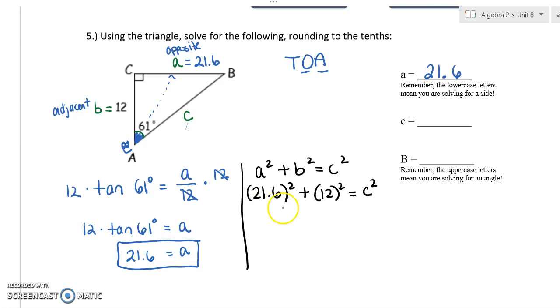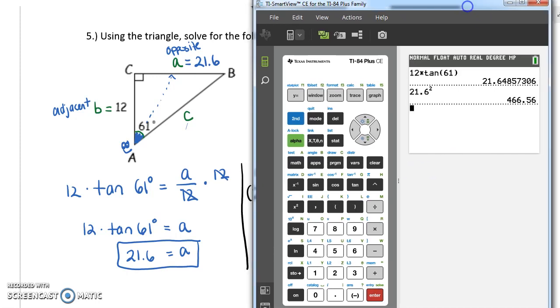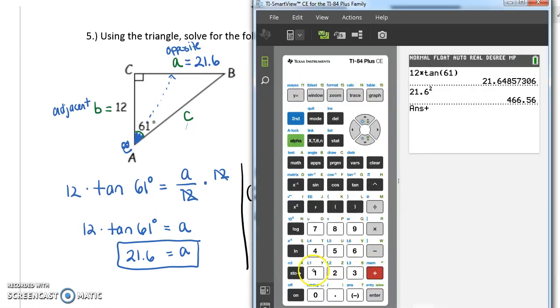So I'm going to type this into the calculator. 21.6 squared is 466.56. So 466.56 plus 12 times 12 is 144. So now we get to add those numbers. So let's add 144.